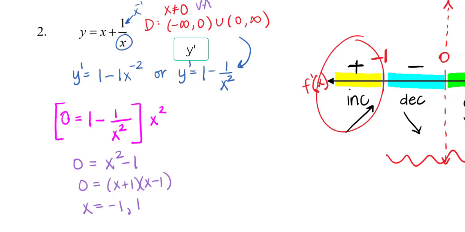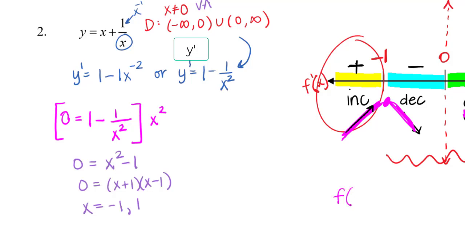Now again, we are talking about behavior when I'm looking for relative max and relative min. I increase to a maximum and decrease out, so that point at x equals -1 should be my relative maximum, and my relative minimum then should be at x equals +1 because I decrease to a minimum and increase after. So let's find those y values.